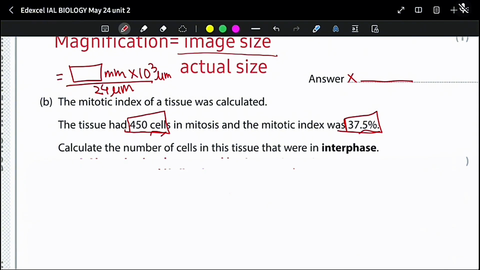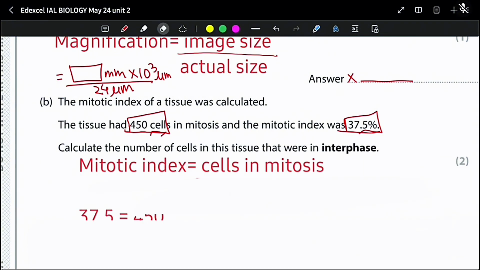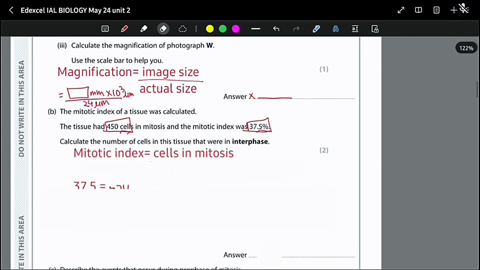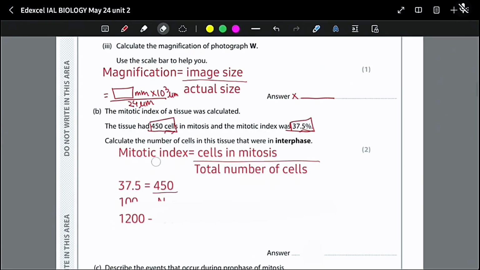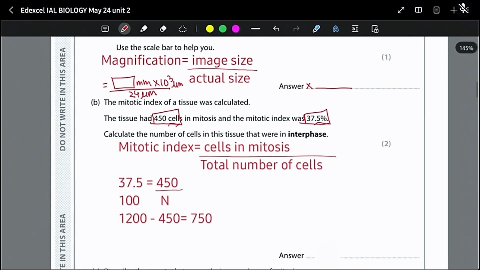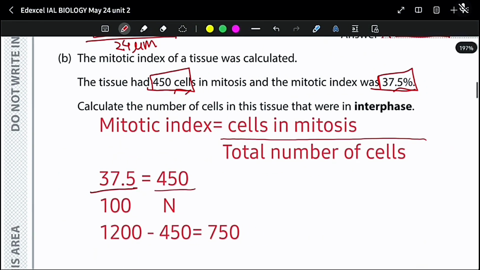So we can write 37.5 divided by 100 because this was given in percentage. So the percentage divided by 100, which is the mitotic index, equals cells in mitosis, 450, divided by the total number of cells.